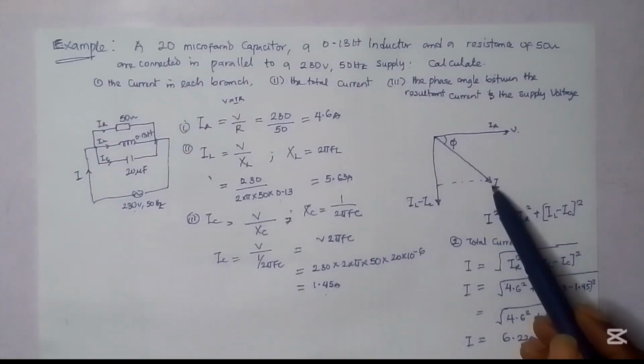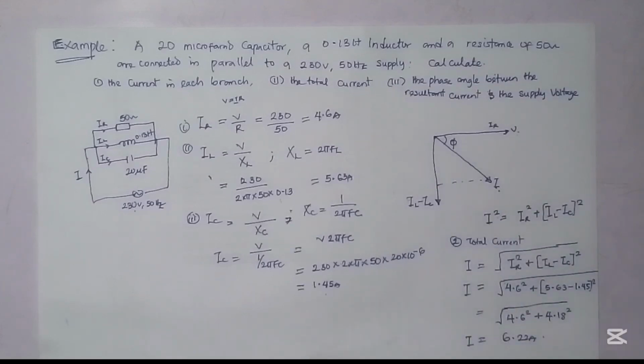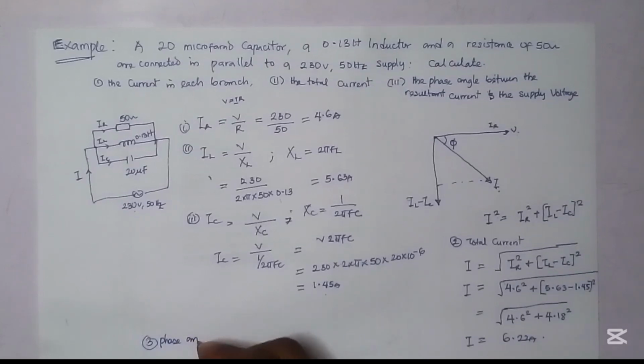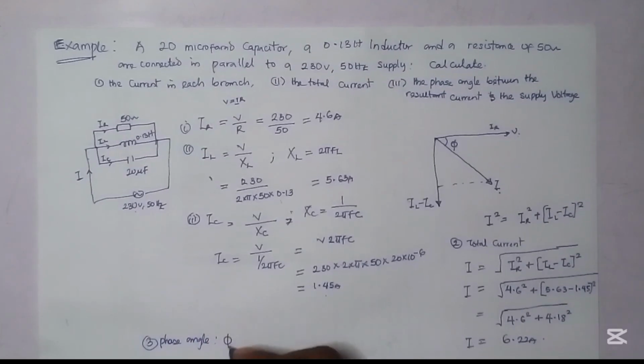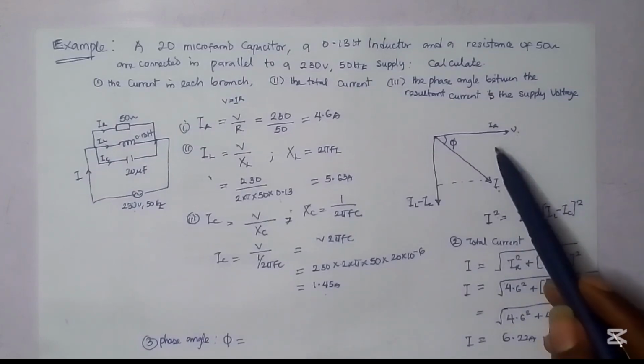Still looking at this graph here, it is easy for us to get the value for our phase angle. So the phase angle, which is number 3, can be gotten from this graph.